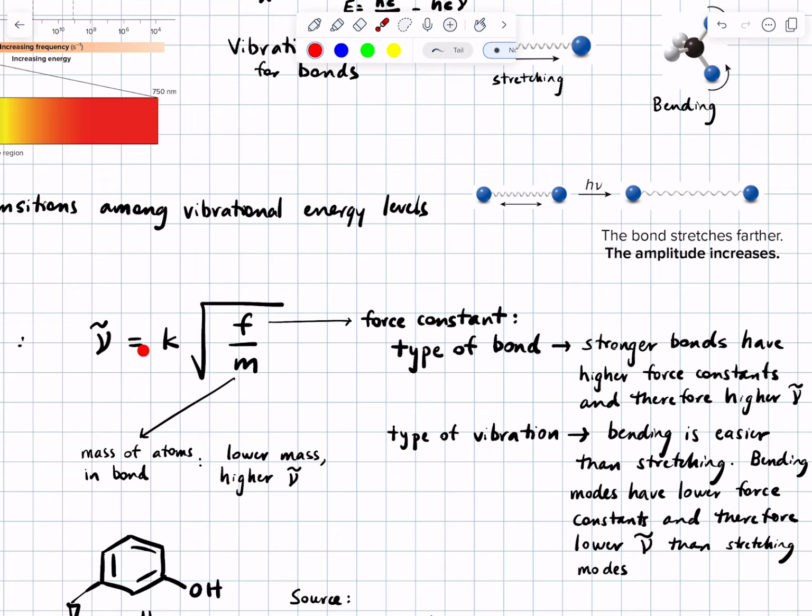So we expect bonds that have less massive atoms on them to show up at higher wave number. In other words, a CH bond or an OH bond or an NH bond should stretch and vibrate at a higher wave number, higher frequency, than a CC bond because the mass is lower, all right?